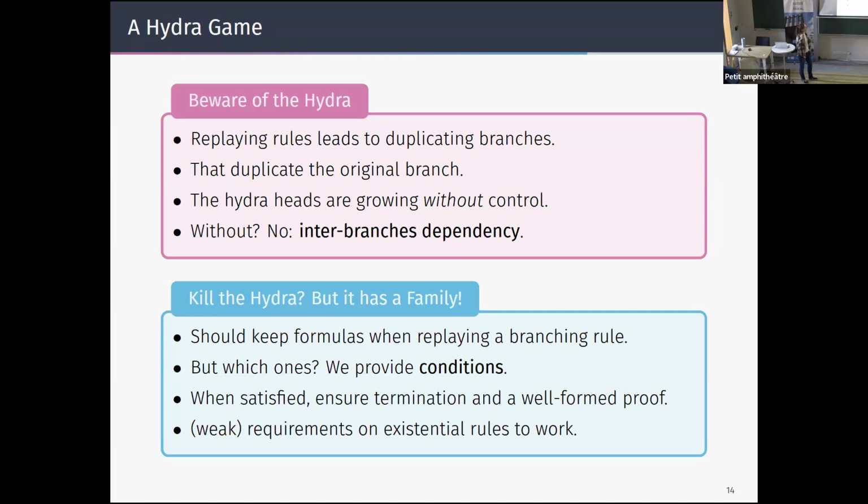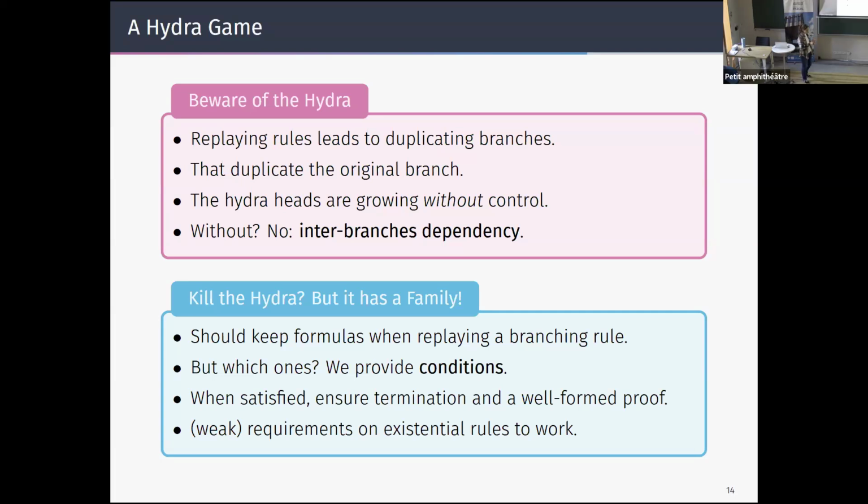And if your rule follows some conditions that we provide, about being extensible and so on, the conditions are a little bit complicated, but your rule has to fulfill some conditions. And if your rule fulfills those conditions, then we prove that the rule is correct first, and then the algorithm will terminate, and your final proof will be a well-formed proof.